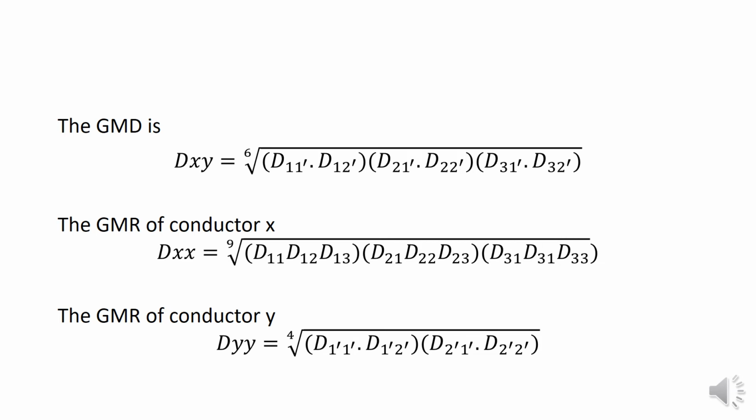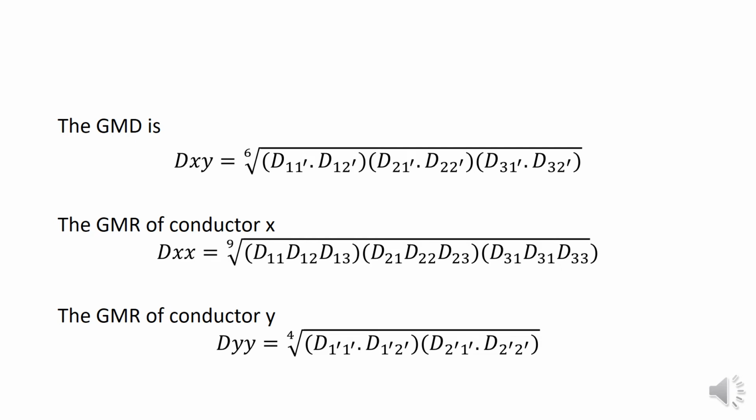Okay, then GMR of conductor Y is given as dyy. So what is d1 dash 1 dash? Now we are considering only conductor Y, right? D1 dash 1 dash means distance between 1 dash line and 1 dash line. So again it will not make sense, but I will tell you again. Then D1 dash 2 dash, distance between 1 dash and 2 dash.